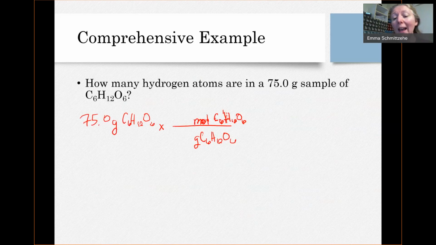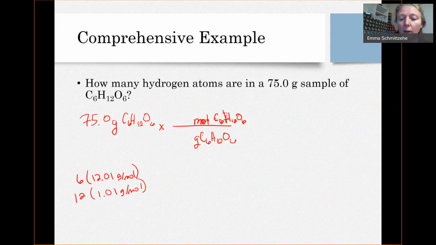So that we can do by using the periodic table. We just look up the masses of these things. So 6 times 12.01 grams per mole, plus 12 times 1.01 grams per mole, and then 6 times 16.00 grams per mole.